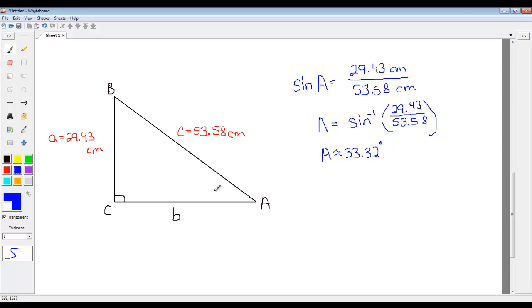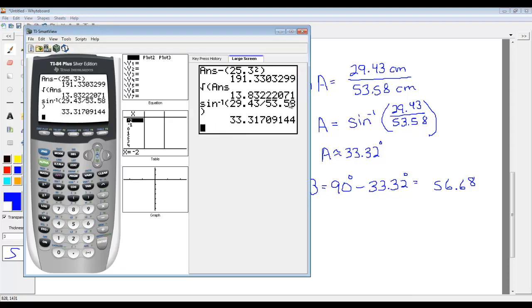That's enough to know for most purposes. And then to find B, just do 90 degrees minus A. 90 degrees minus the 33.32 degrees. Hang on a second, did I read that right?